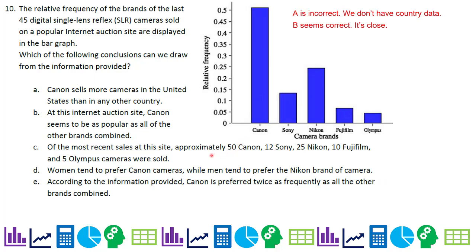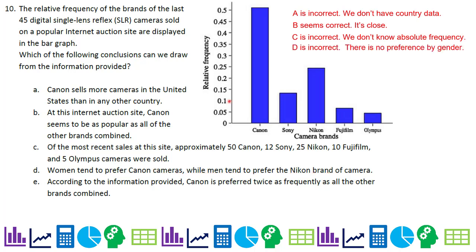All right. C, of the most recent sales at this site, approximately 50 Canon, 12 Sony, 25 Nikon, and 10 Fujifilm, and 5 Olympus cameras were sold. I have no idea. These are relative frequencies. I don't know actual frequencies, all right? Women tend to prefer Canon cameras, while men tend to prefer the Nikon.